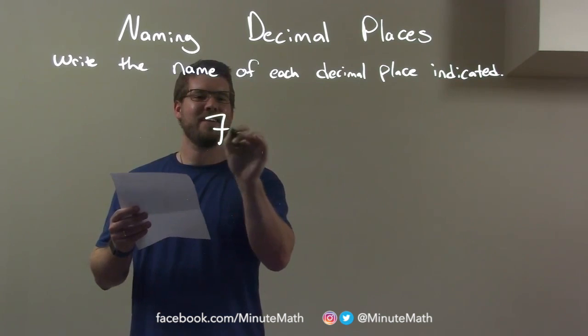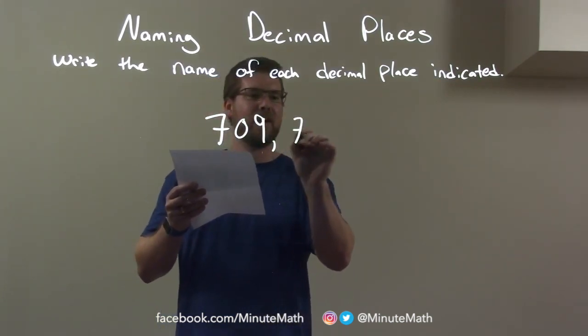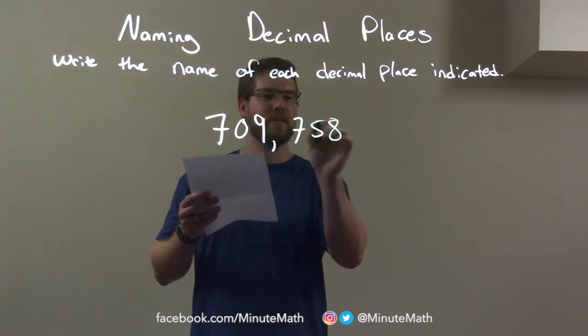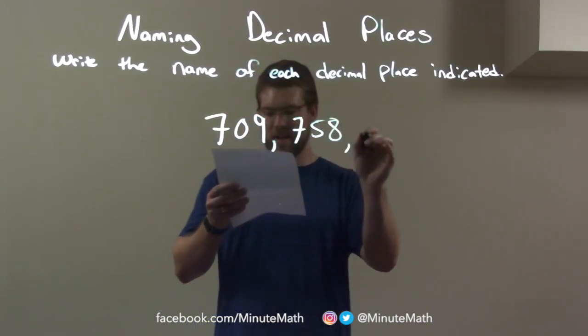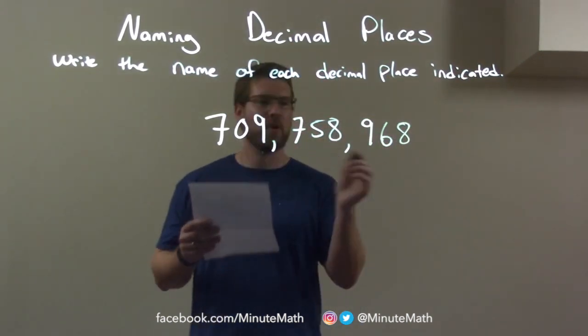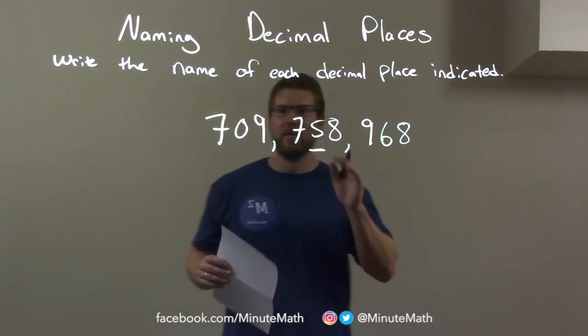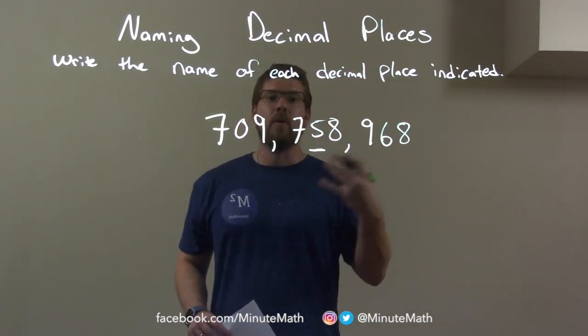We got 709,758,968. And we have a little bar underneath that 5. So what is this?